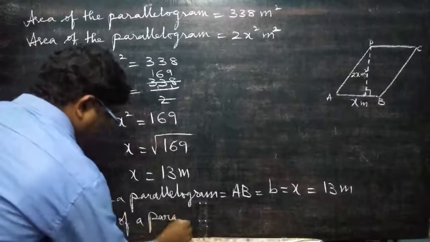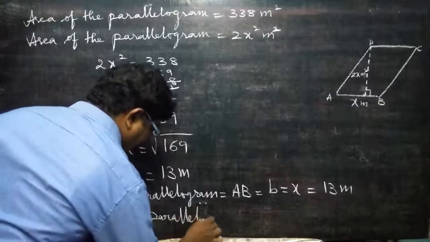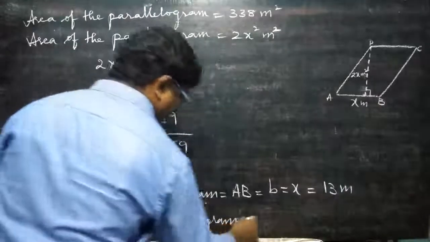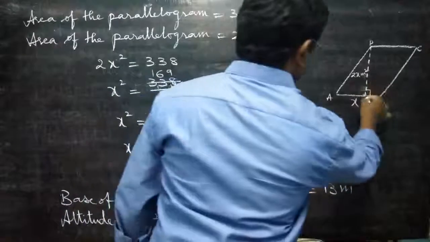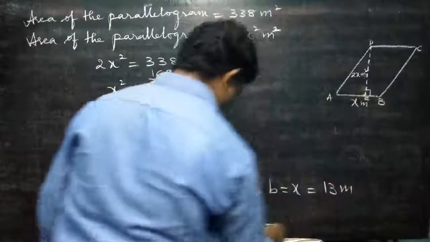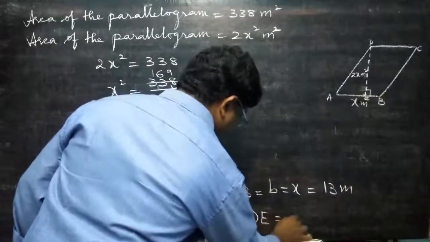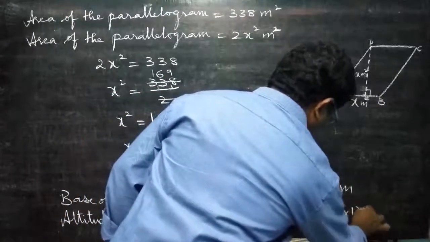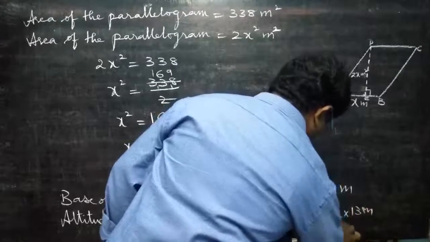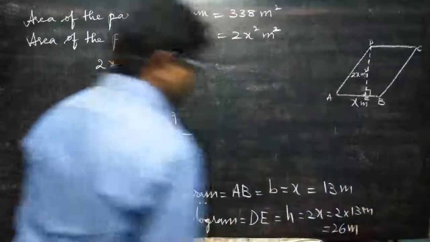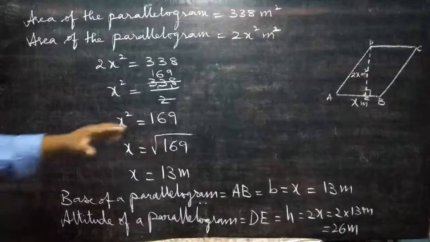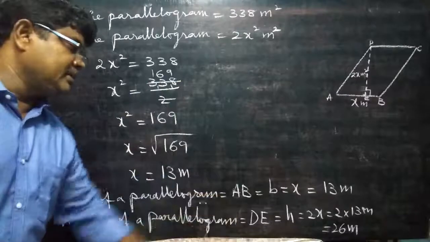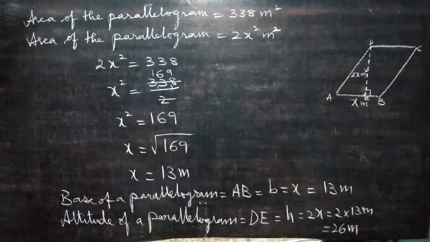Altitude of a parallelogram is equal to, keep DE, we'll think as H, that is 2x, 2 into 13 meters, that is equal to 26 meters. So base is 13 and the altitude is 26, twice. That is the answer.